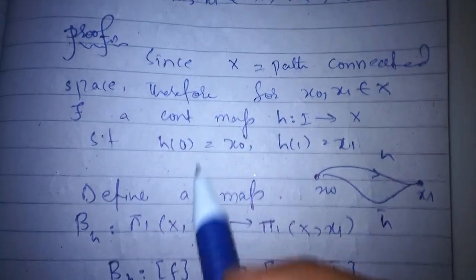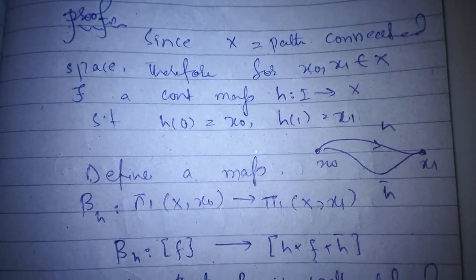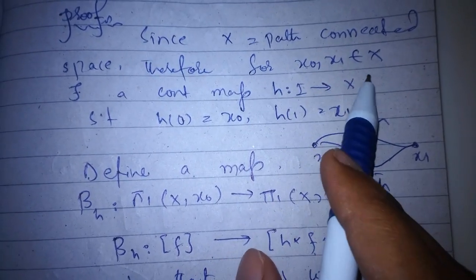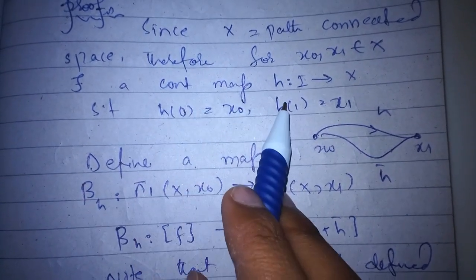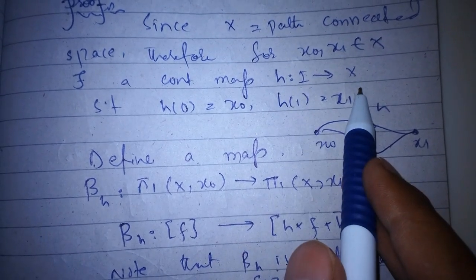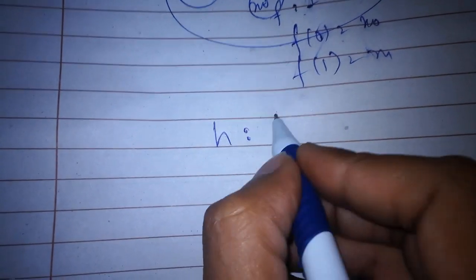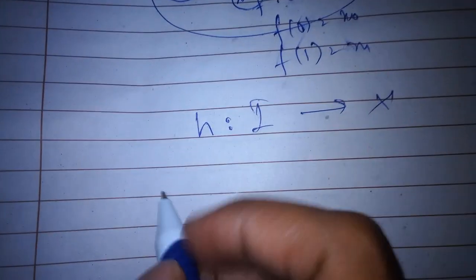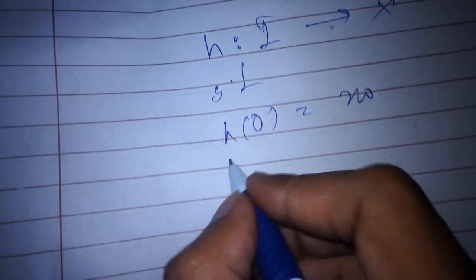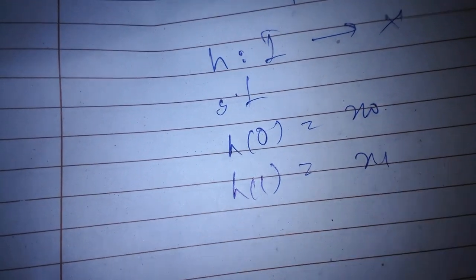Now we are going to prove this proposition. Since X is a path connected space, for x naught, x1 belonging to X, there exists a continuous map h from I to X, such that h of 0 is equal to x naught and h of 1 is equal to x1.